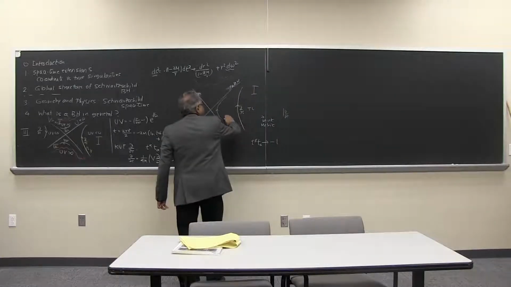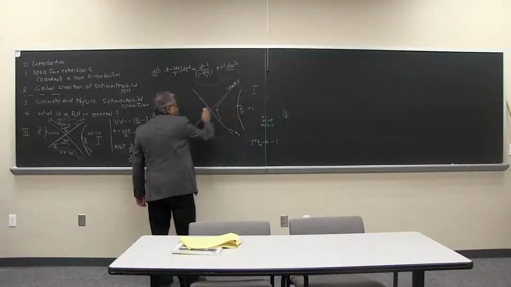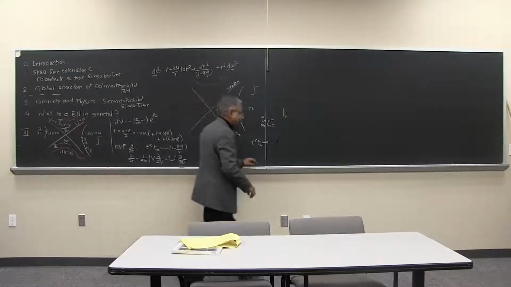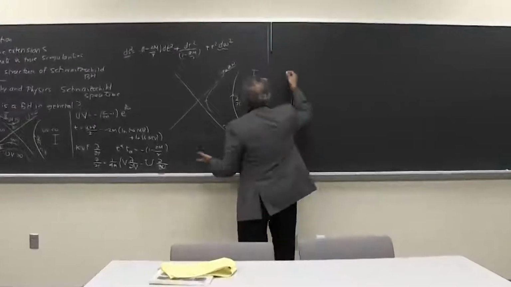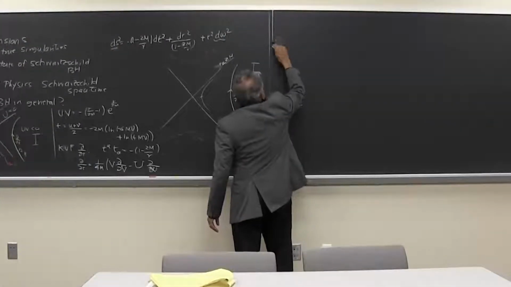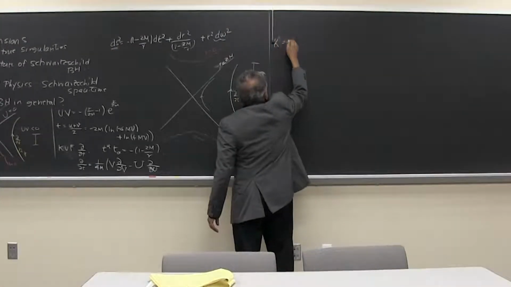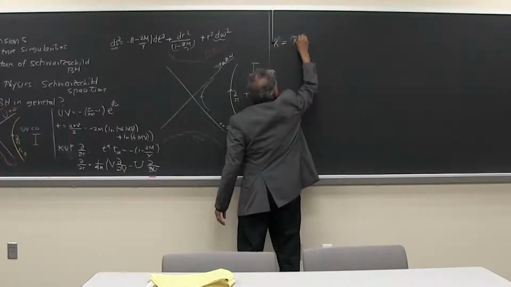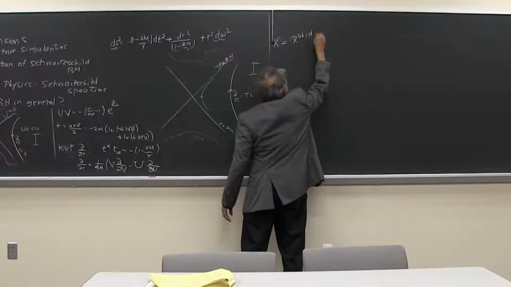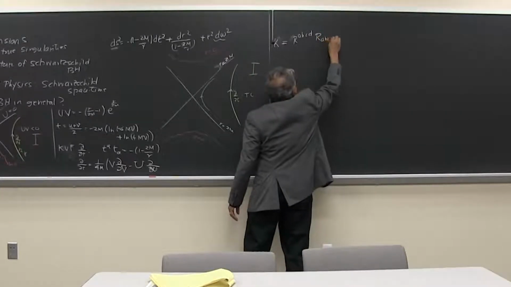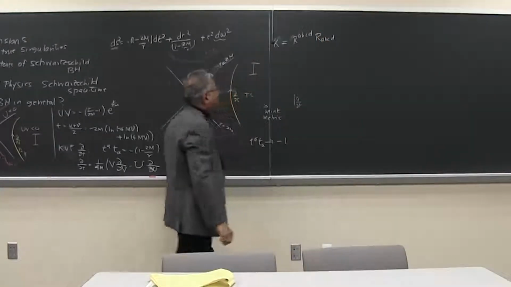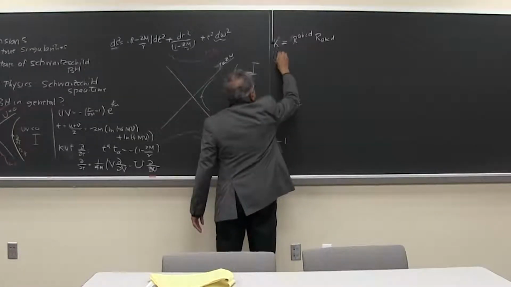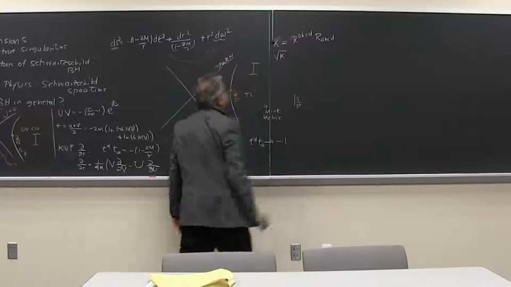Now the statement is that as we are coming in, the curvature is growing. And how is the curvature growing? So I wrote down last time one curvature invariant that is most useful, the Kretschmann scalar, which is given by R_abcd R^abcd. This is the four-dimensional Riemann tensor. As a measure of curvature, what we can look at is the square root of the Kretschmann scalar.